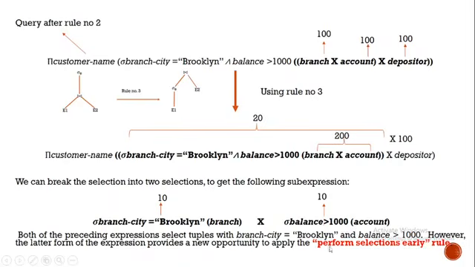So we can select branch city equal to Brooklyn, which gives 10 tuples, let's say, and we can select those tuples where the balance is greater than 1000 from account, and it gives, suppose, 10 tuples. So now we have applied the perform selection early rule.